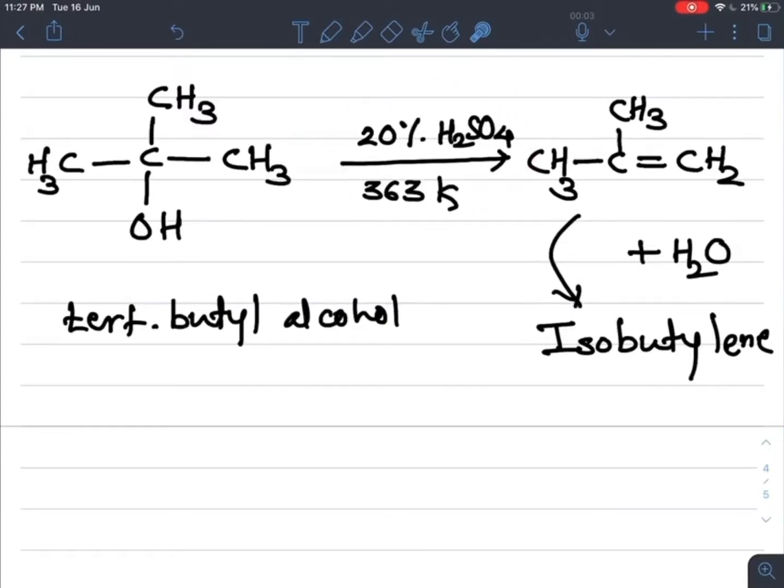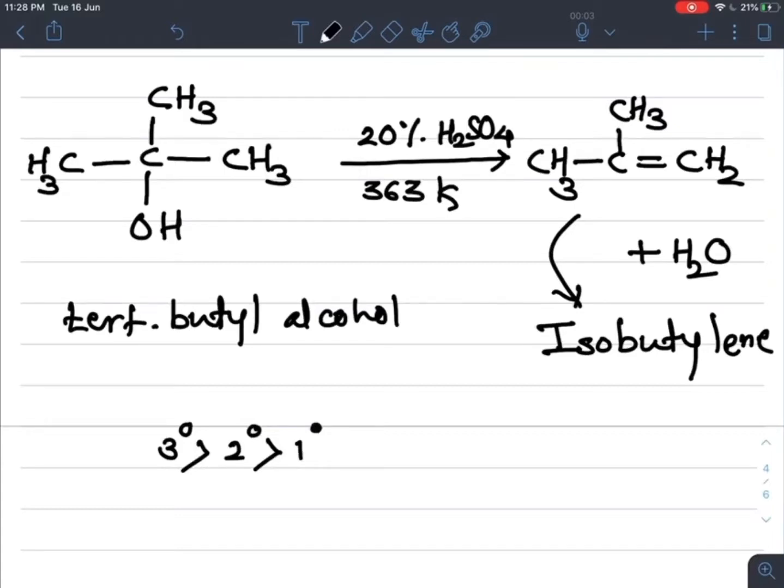Now how the reaction takes place, or the order of reaction, depends on the formation of carbocation. In tertiary alcohol, the tertiary carbocation is more stable than the secondary, than primary, and that's why this is the order of dehydration, according to the carbocation formed during this reaction.